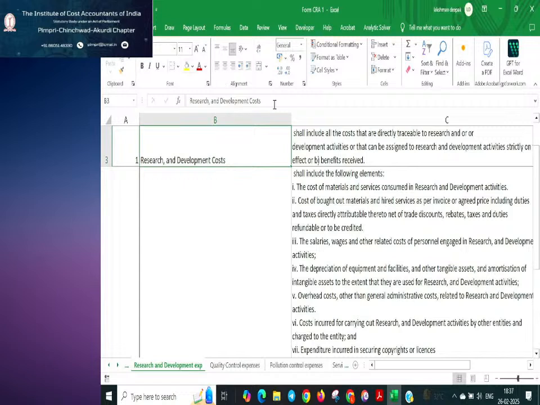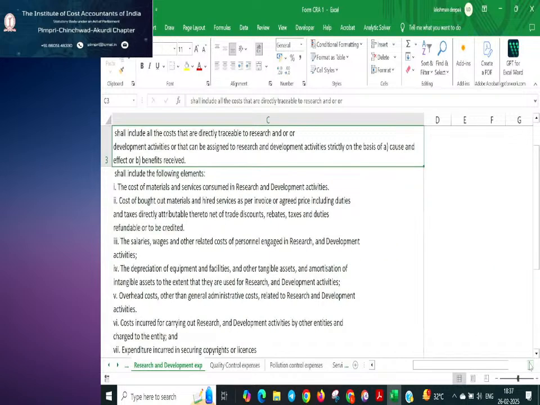So what does the first point say? When it comes to research and development cost, it shall include all the costs that are directly traceable to research and development activities, or that can be assigned to R&D activities strictly on cause and effect and benefits received. These two are important principles.